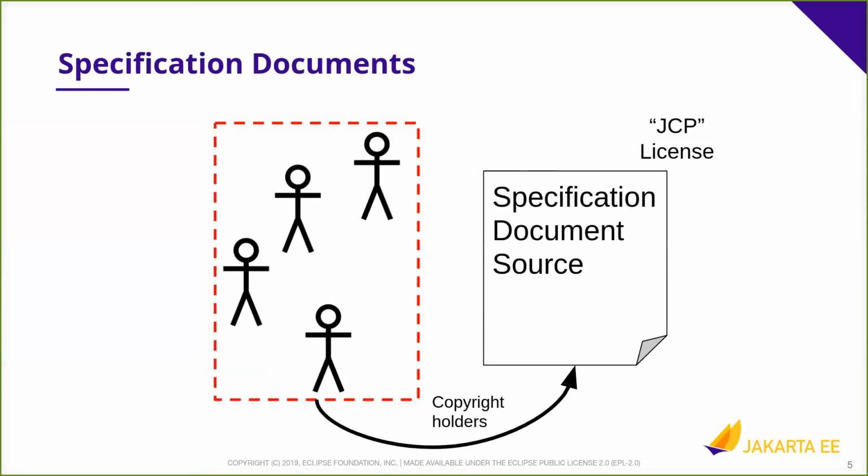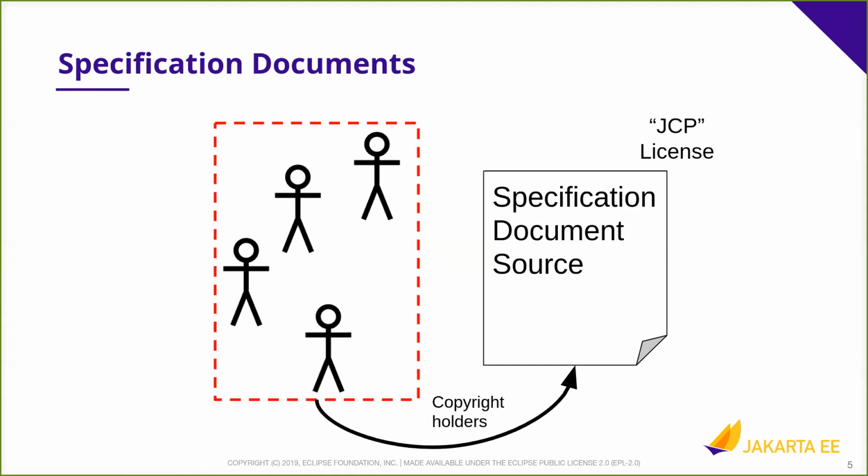Right now, the specification documents associated with all of these specifications are under a JCP license. There's a variety of different licenses, but basically they are not under licenses that we can use in an open source specification development context. An additional wrinkle is that while they're under this license, they're also, in many cases, potentially owned by a variety of copyright holders.